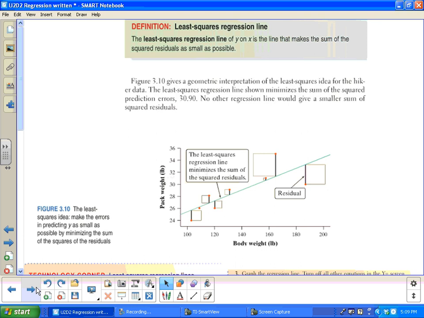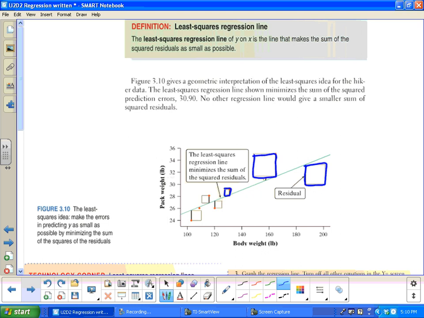That doesn't work so well since residuals are only in one dimension, and we have two dimensions in our graph. So they've made boxes out of all the residuals. You can see all these little boxes. And the line is calculated by making these boxes all together have the smallest area possible.